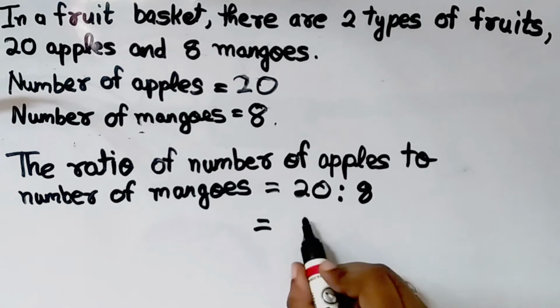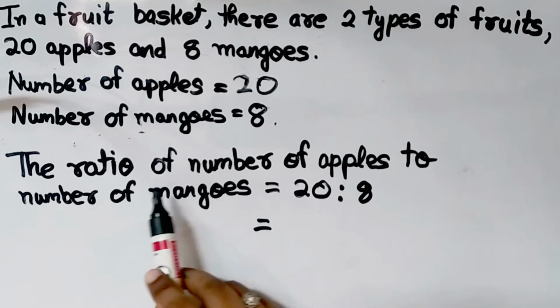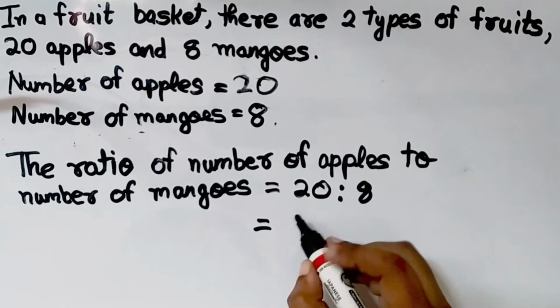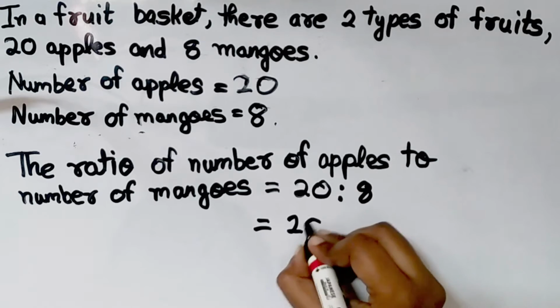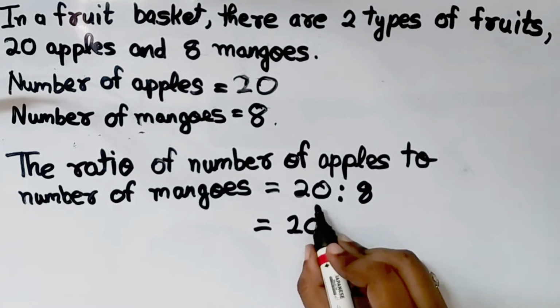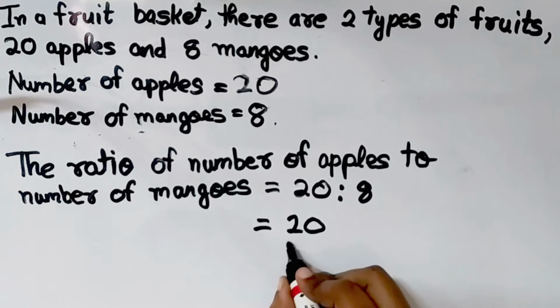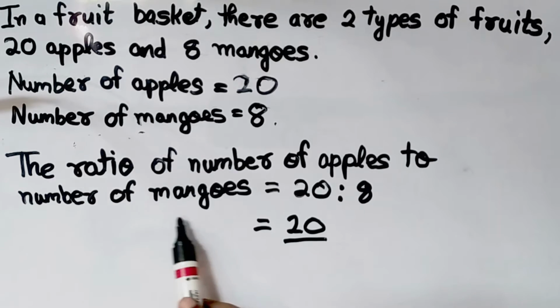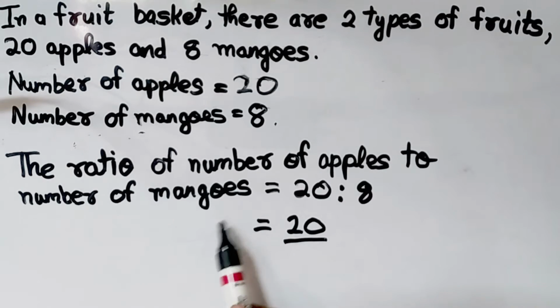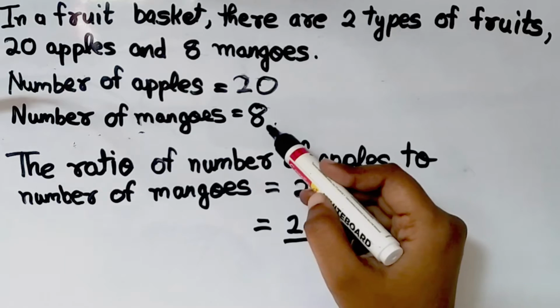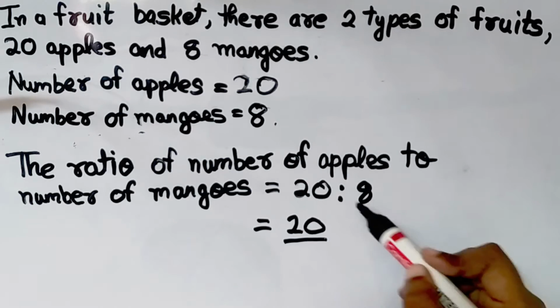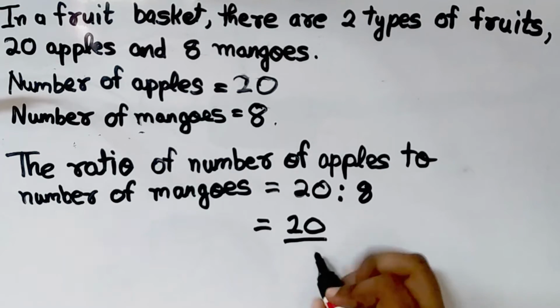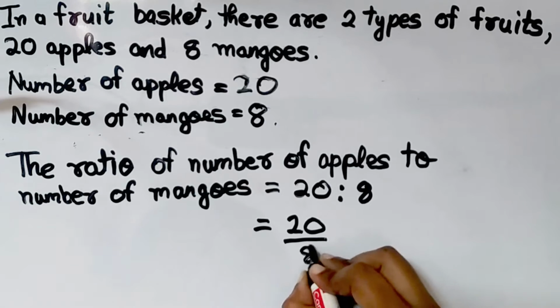Now this we will write in numerator upon denominator form. So first we have to see number of apples. So apples we have to write in the numerator, that is 20 is coming first. That we have to write in the numerator upon the number of mangoes. Mangoes is coming second. The number of mangoes is 8. That is the second number is 8. So that we will write in the denominator, 20 upon 8.